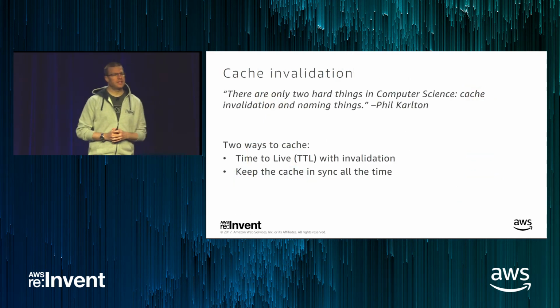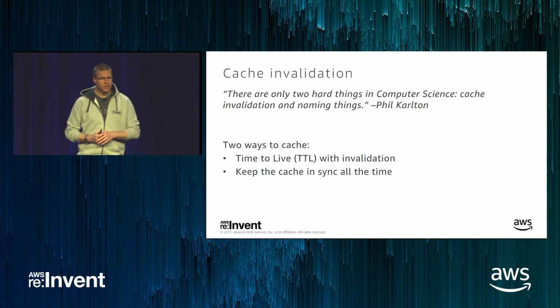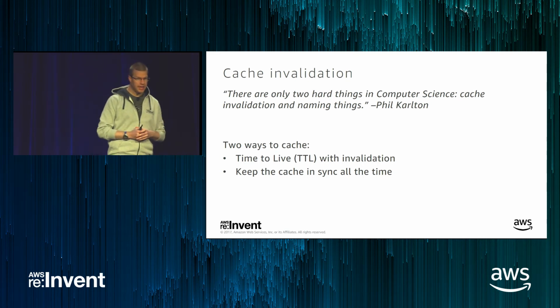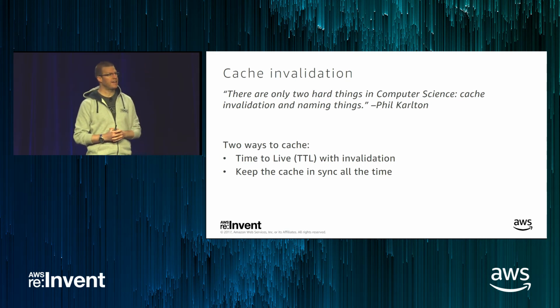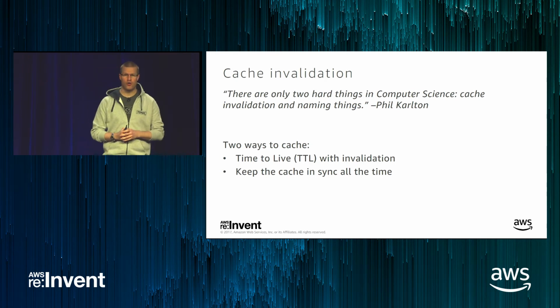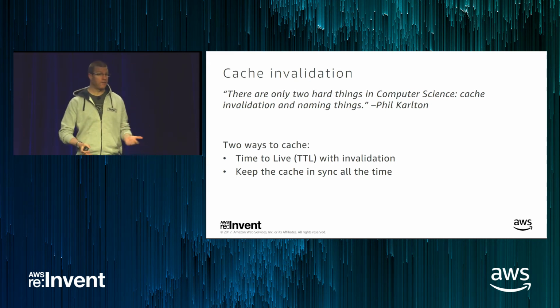But then we always come to the point where we need to think about cache invalidation. There is this very famous quote from Phil Karlton: there are only two hard things in computer science, cache invalidation and naming things. And we all know how hard it is to decide if the variable should be named foo or bar, right? So the other thing is cache invalidation.